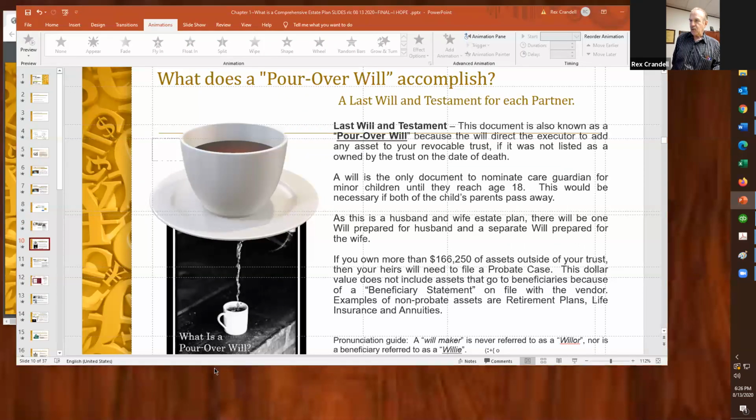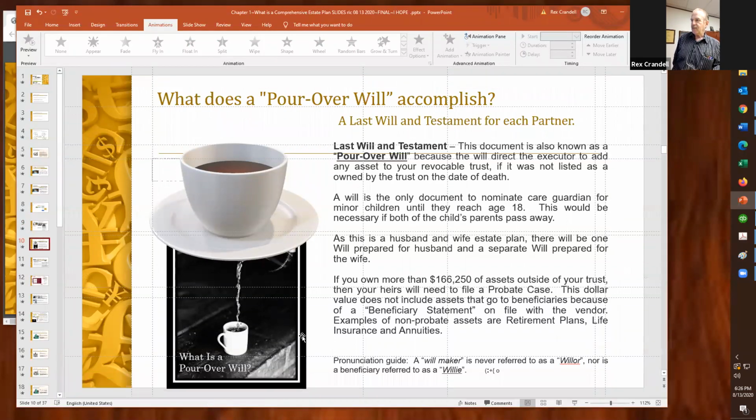Okay, so the will. What good is a will? Well, as we said, it's not the centerpiece of an estate plan unless you have very few assets, and then it'll work fine if you have less than $166,250.